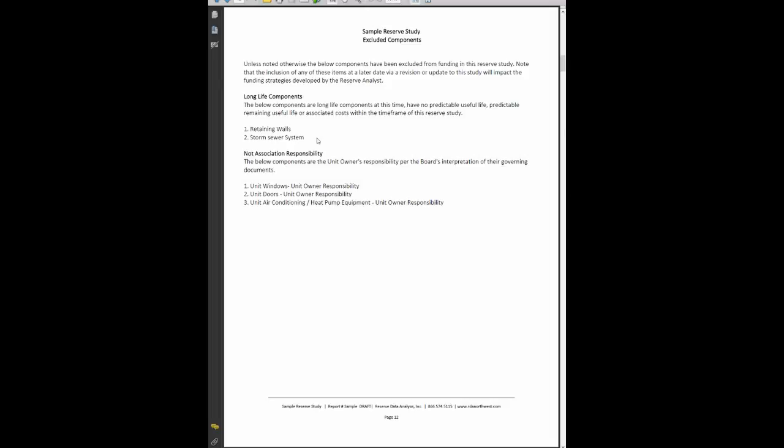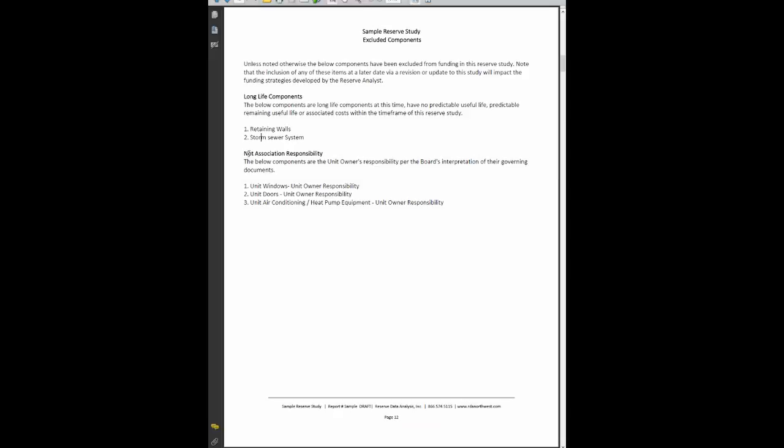They're very long life items and typically don't need total replacement within a time frame of the life of a typical building. Say 60 years is pretty typical. So we like to make some comments of why you don't see them in the component list, even though you walk around on site and you may see retaining walls all over the place.